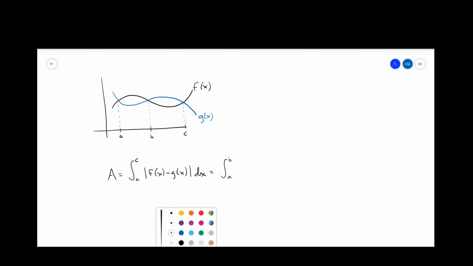You can ignore which function is bigger and just put the absolute value on it. Okay, that's fine. Or you can just notice which one is bigger. So on the interval from A to B, it looks like the f function is bigger. So I would put f of x minus g of x. And then I would do a new integral from B to C. And in that case, now the g function is the bigger one. So I would.